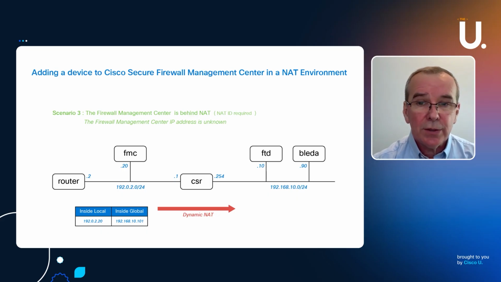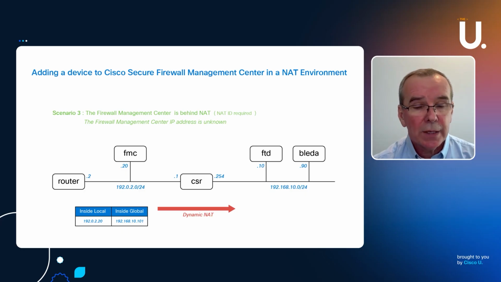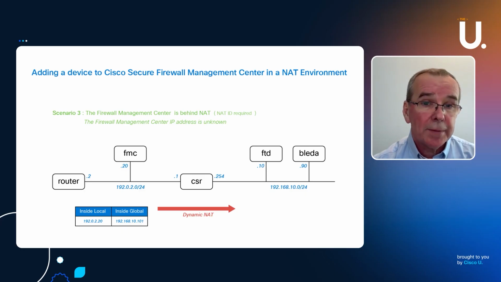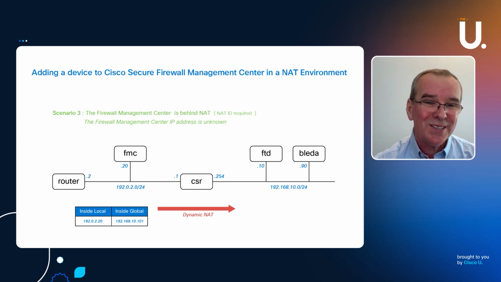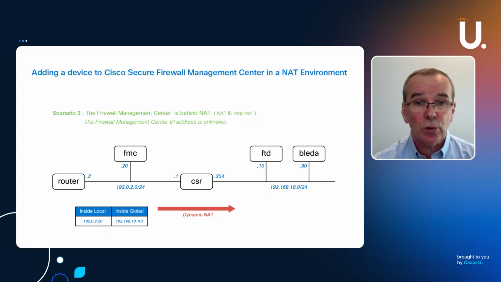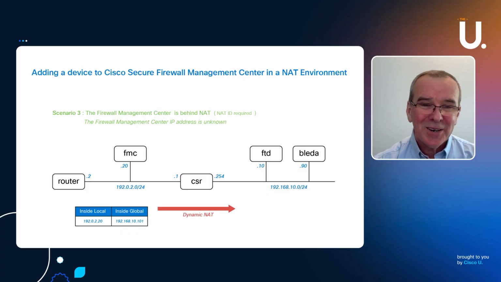We still need to use NAT here, but this time the manager knows the address of the firewall, but the firewall doesn't know the address of the manager. Because the firewall doesn't know the address of the manager, the firewall cannot initiate the connection. Okay, let's take a look at this.